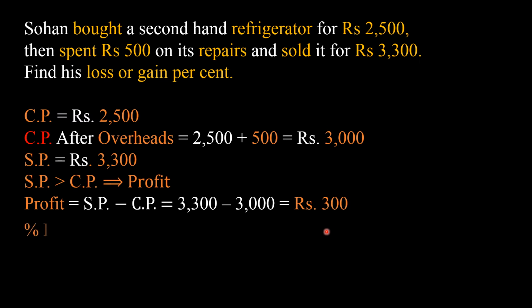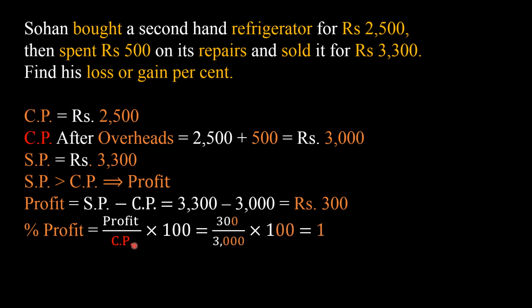We have to find percentage profit, which we can find profit divided by CP multiplied by 100. We have profit 300 and cost price 3,000 multiplied by 100. These three zeros will get cancelled with these three zeros, and we are left 10, which is the percentage profit. So percentage profit is 10%.